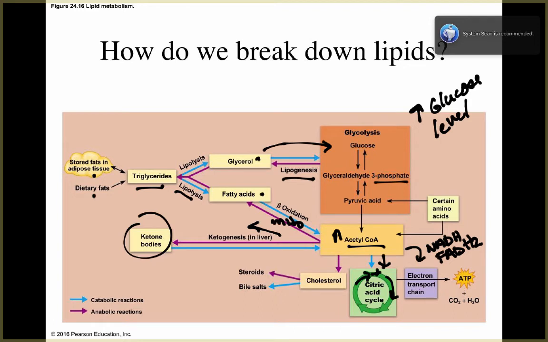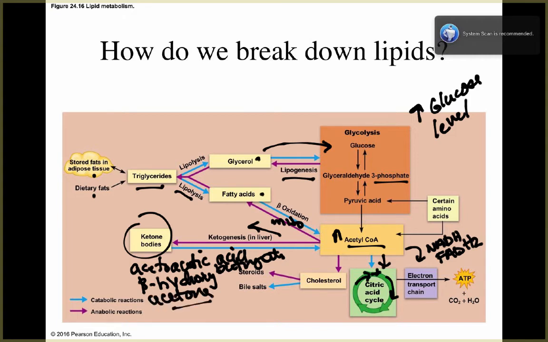And so examples of this are acetoacetate or acetoacetic acid, beta-hydroxybutyrate, or beta-hydroxybutyric acid, and most common that you guys will know is acetone.